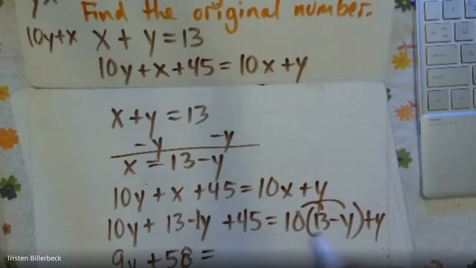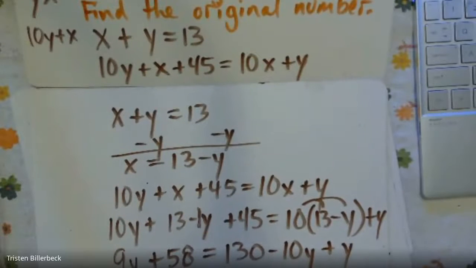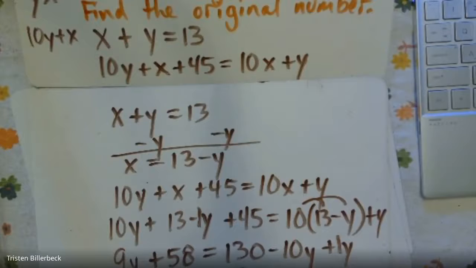So I have 10 times 13 is 130. 10 times y is minus 10y. And then I have plus y. So this simplifies. We're going to do a simplify step here. So we have 9y plus 58 equals 130. And then this is negative 10y plus 1y, so that's minus 9y.